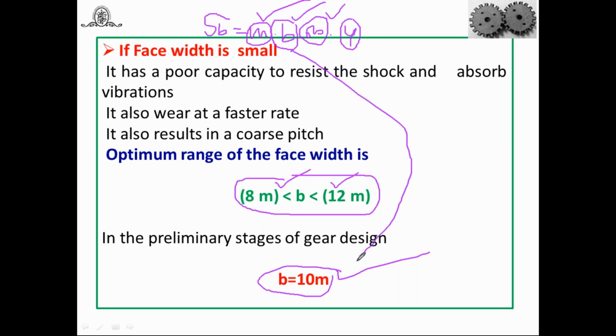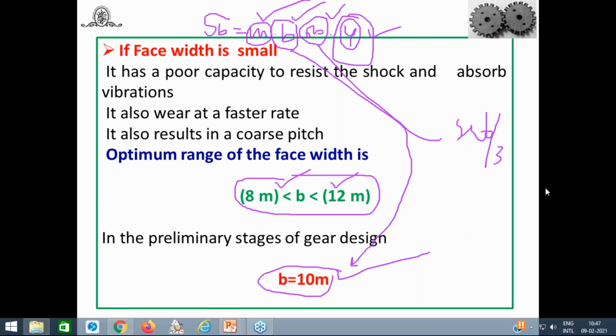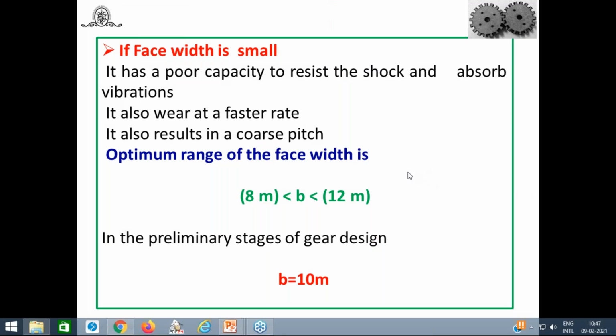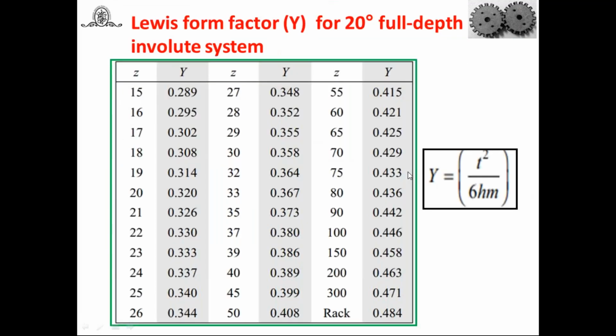You know very well, b you can take as 10 times module, and sigma b as Sut by 3, or 1/3 of Sut. Now let us see how to decide the value of Y, the Lewis form factor, and its physical significance in the design of a spur gear.